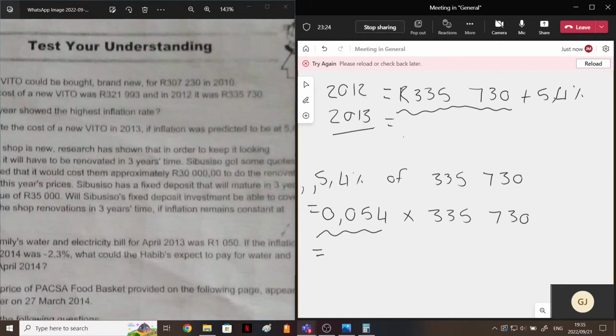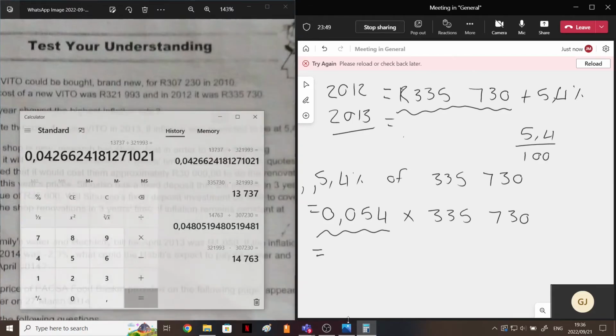If you're not sure how to get to this, all that we did is we put 5.4% over 100, which was 5.4 over 100. And if you calculate this, you'll see that it ends up as 0.054. All we're going to do now is say 0.054 times 335,730.